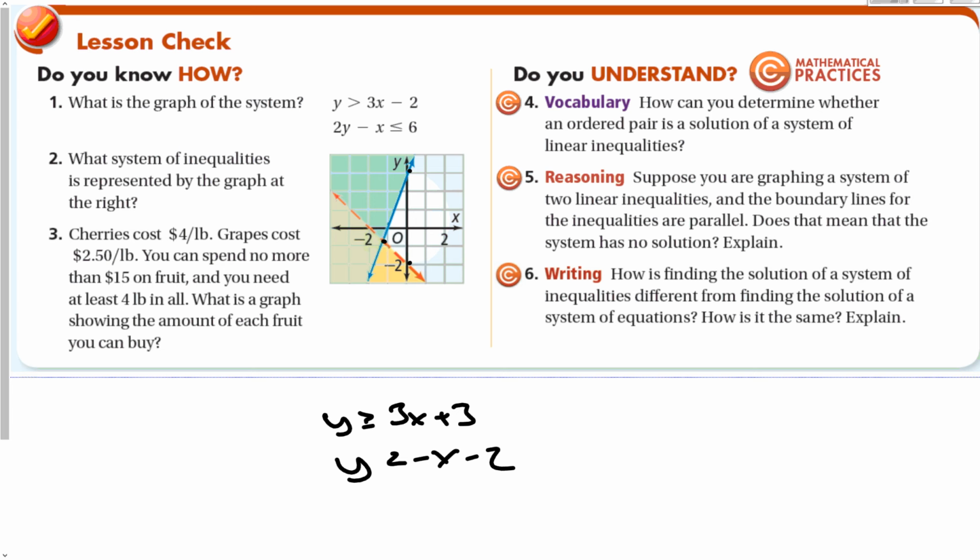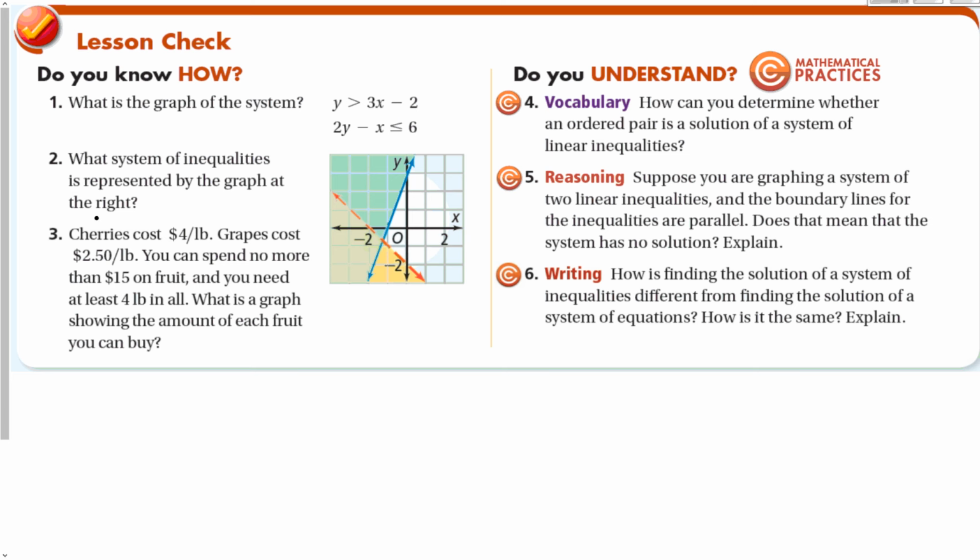Number 3 is just like the two word problems that we just set up before. Cherries cost $4 a pound, grapes cost $2.50 a pound. You can spend no more than $15 on fruit, and you need at least 4 pounds of fruit in all. So let's call cherries x, grapes y. We have 4x plus 2.50y.